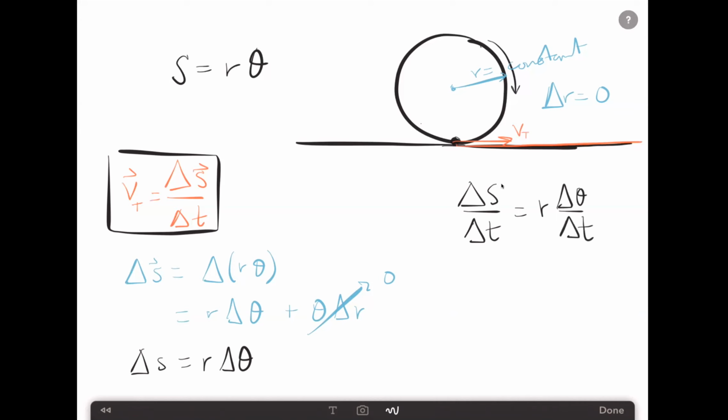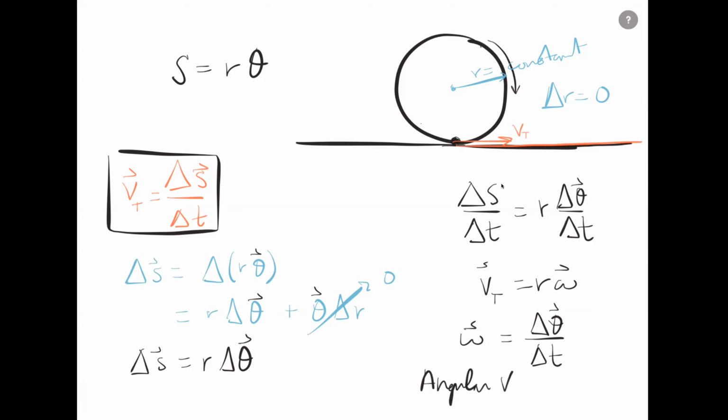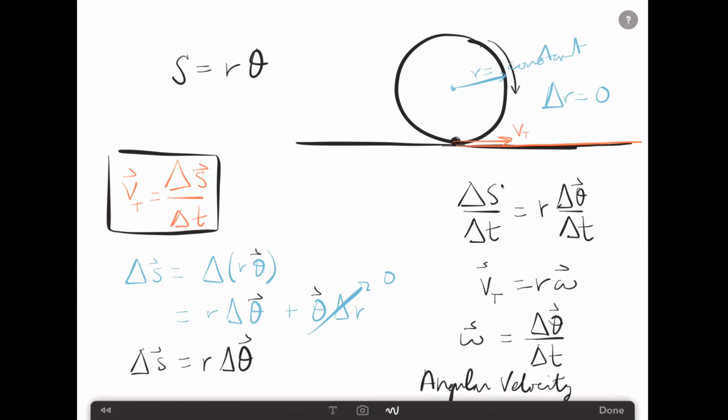So what we call this, we say VT is equal to R omega, where omega is the angular velocity. And I'm not putting these vectors over this thing like I need to, but they are all vectors here. So this is delta theta over delta T, the angular velocity. Angular velocity, all right?